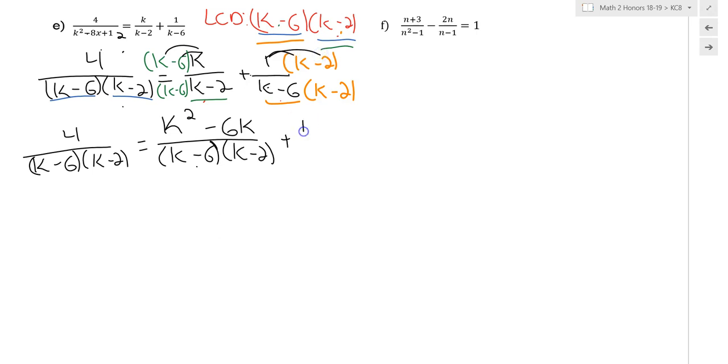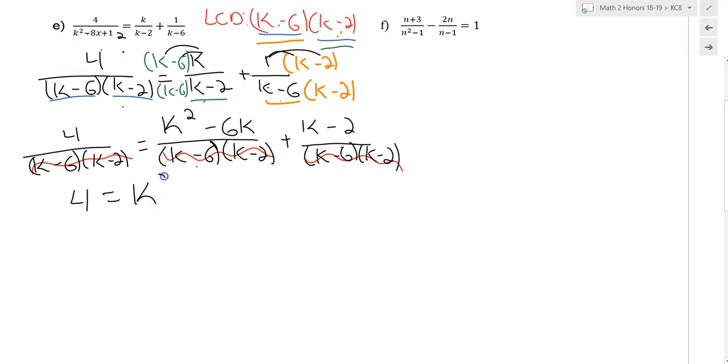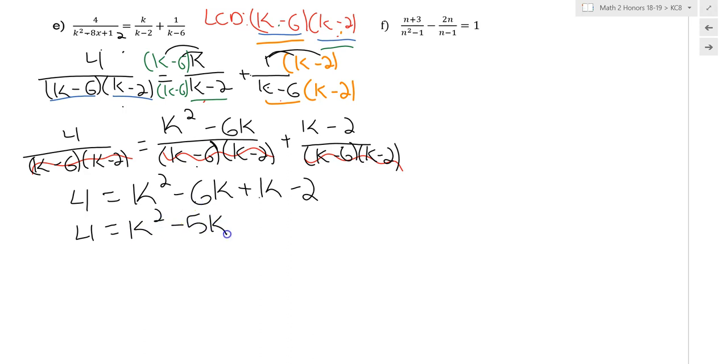Distribute, that's k minus 2, k minus 6, k minus 2. Okay, our denominators are all the same. So we have 4 equals k squared minus 6k plus k plus 2. I'm going to simplify anything I can. -6k plus 1k is -5k.